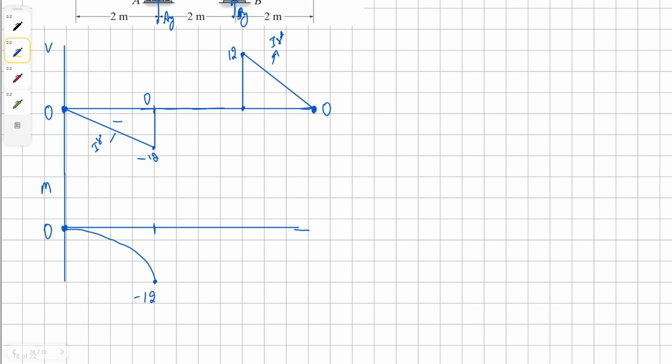And then we have no moment till our point B. So we can have a straight line, or zero order curve, you can say, till 4 meters into the beam. And then at this point we have our positive shear area, same as before, symmetrical to our first triangular area but with the opposite sign.